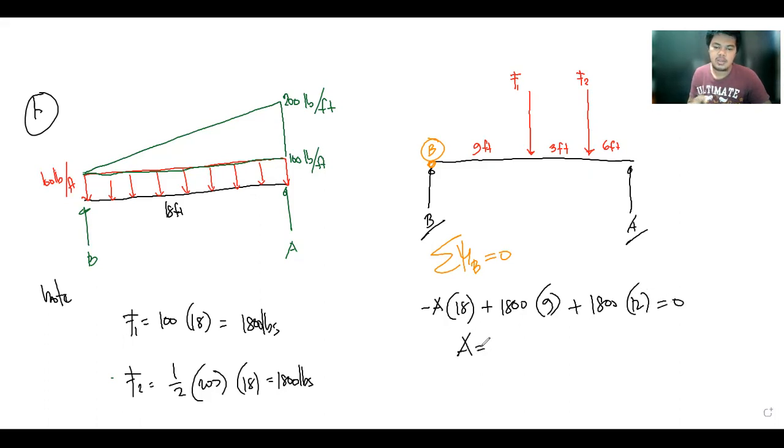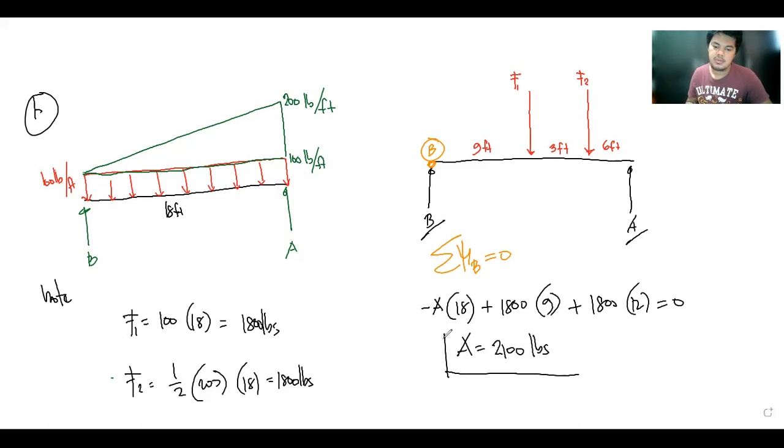Calculating for A, the reaction at A is equal to 2,100 pounds.